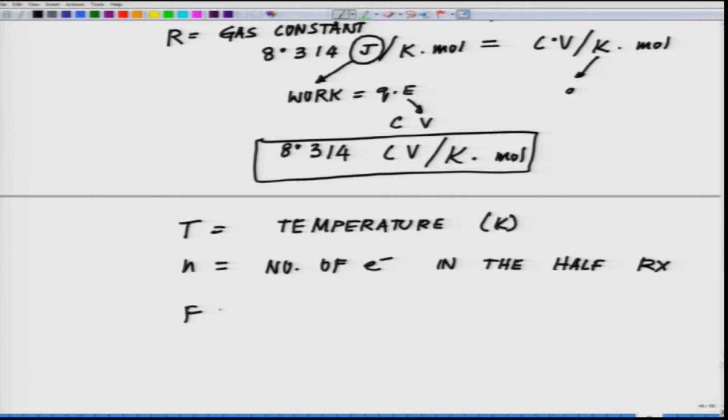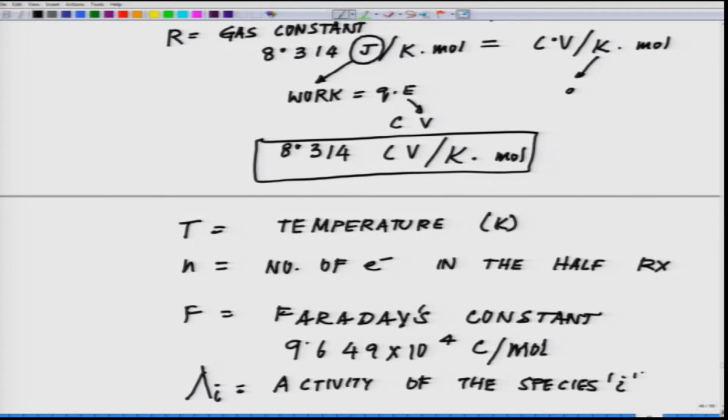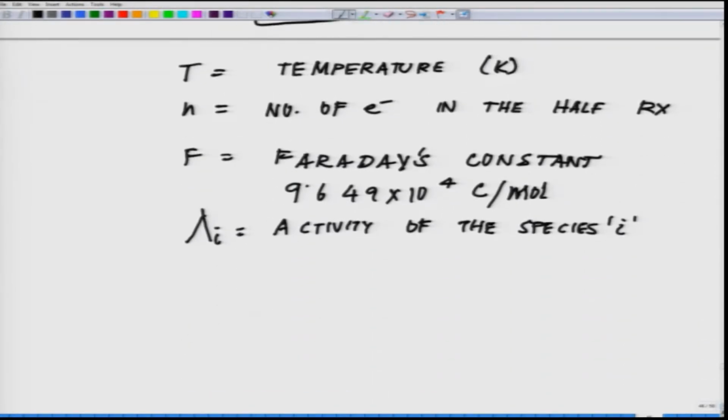Then F is equal to Faraday's constant, which is 9.649 into 10 to the power 4 coulombs per mole, and then you have the activity of the species in question, which is the ith species. It could be anything, A, B, whatsoever, okay.